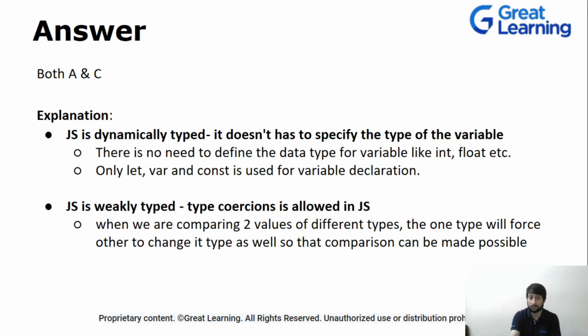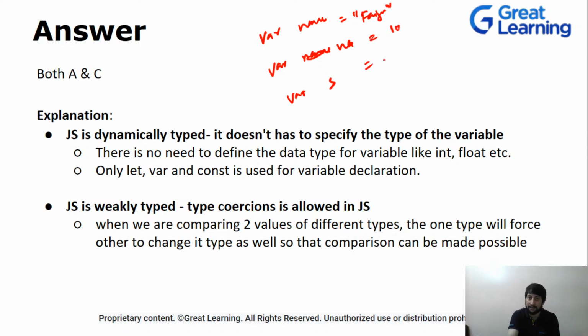Now what do you mean by dynamically typed language? You don't have to specify any data type. Let me give you an example. Suppose you're writing var n, and var s, and inserting a string, say Fazan, in one, 10 in another, and true in another.